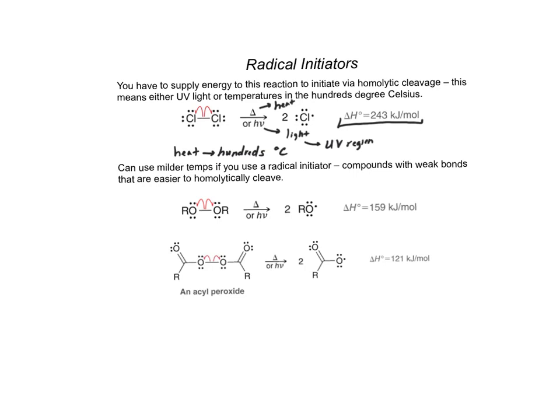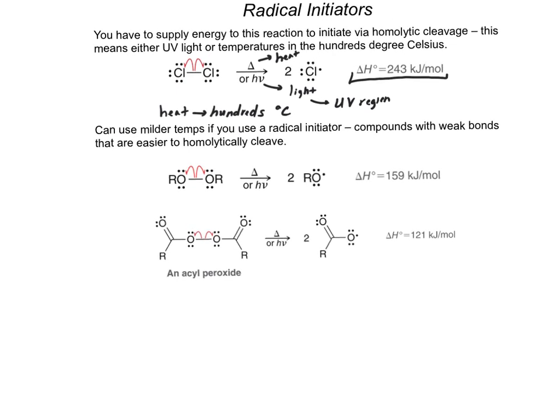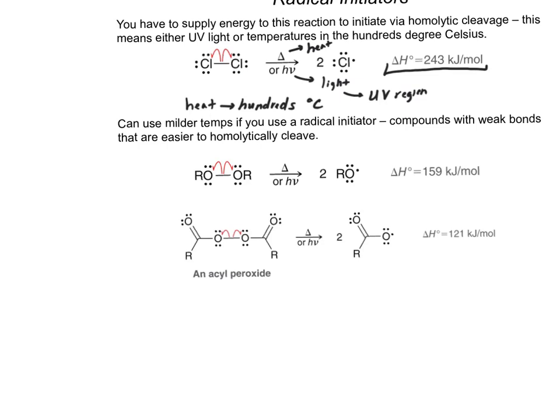The idea behind this is a species or a molecule that has a very easily cleavable bond, so it requires less energy to undergo that homolytic cleavage. And then once that radical is produced, it can move on into the propagation to continue to propagate the production of more radicals, okay? So one of the big ones that we use, you may be familiar with, are these peroxide-based species.